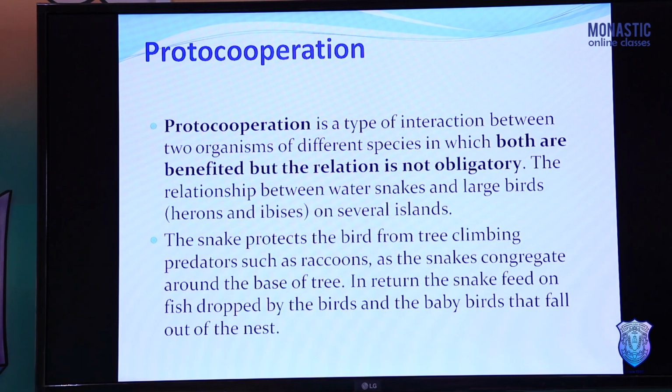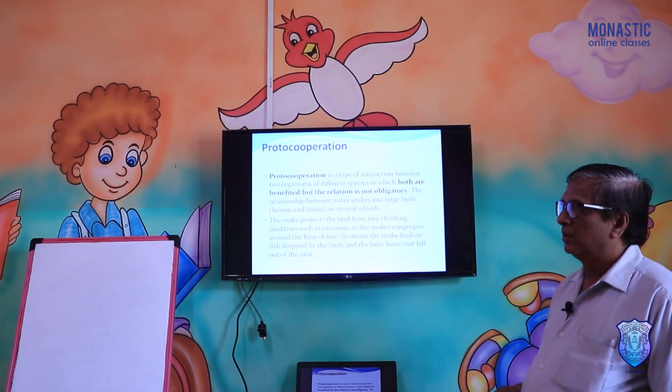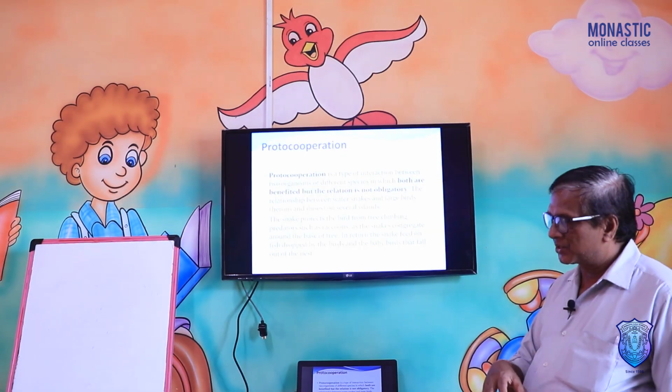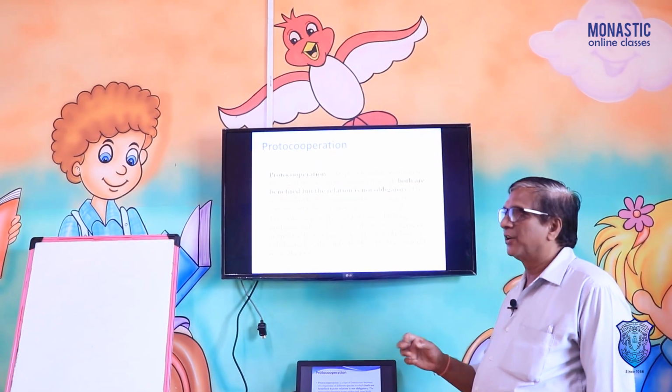Now, the third one is Proto Cooperation. It is also beneficial for both the partners, like mutualism, but it is less than mutualism. Because in mutualism, as we already discussed, the relation is obligatory, that is, essential for the survival of organisms, because if one is disturbed, the other also becomes disturbed.